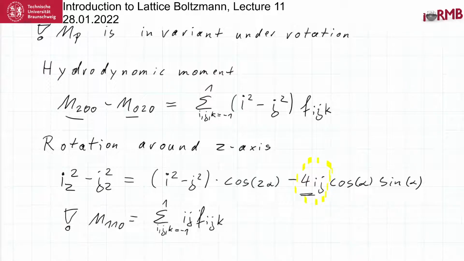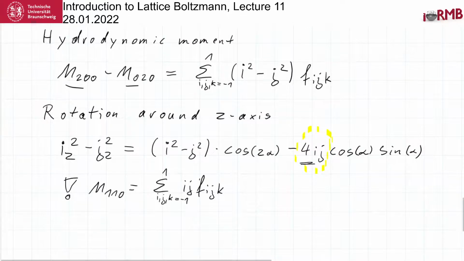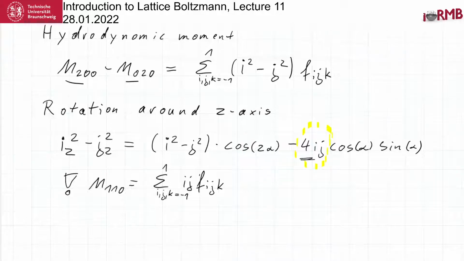So what does this mean? This means that there is a specific alpha that would map the moment m200 minus m020 onto the moment m110. Yeah?